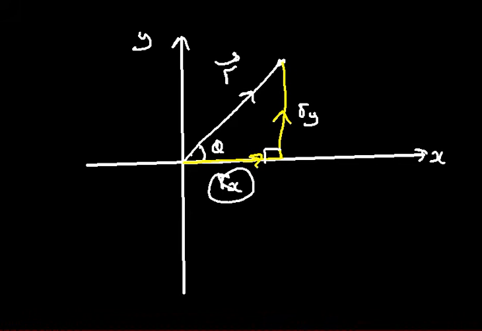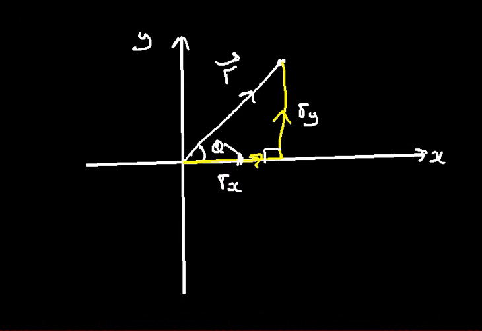The direction of the components must point along the same direction as the vector, and care should also be taken with the directions. So using the trigonometric ratios, you can see the angle theta, and this is the hypotenuse.